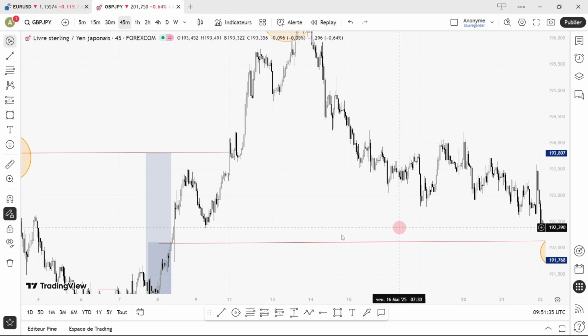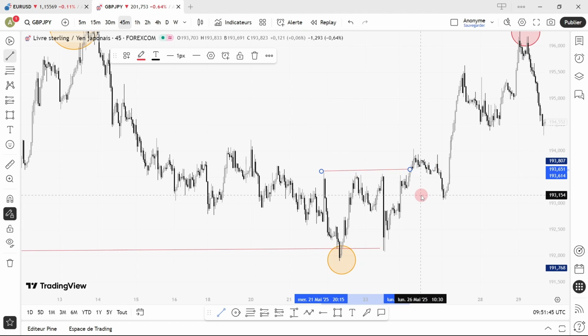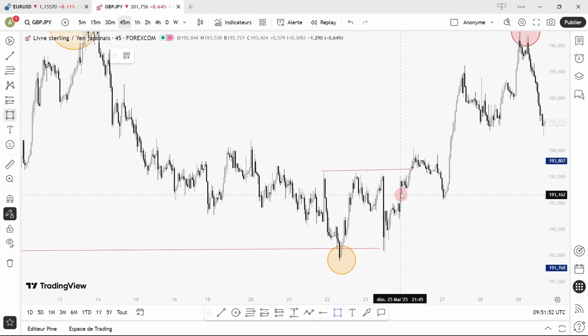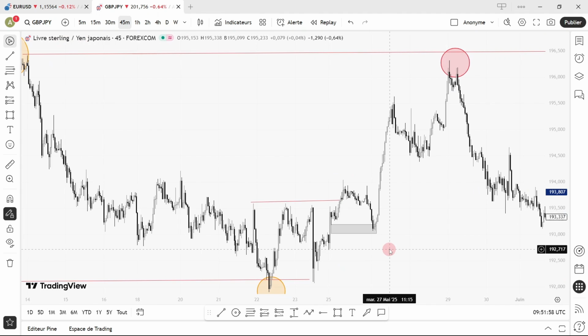So what happened when market got there? Watch this very close. It shifted, of course. This is a shift. It shifted from here, you can see. Then it came back and it tapped into this beautiful fair value gap, and it did what?